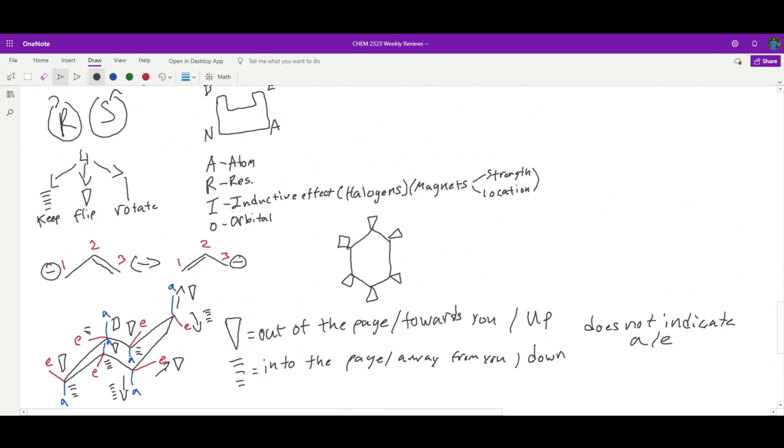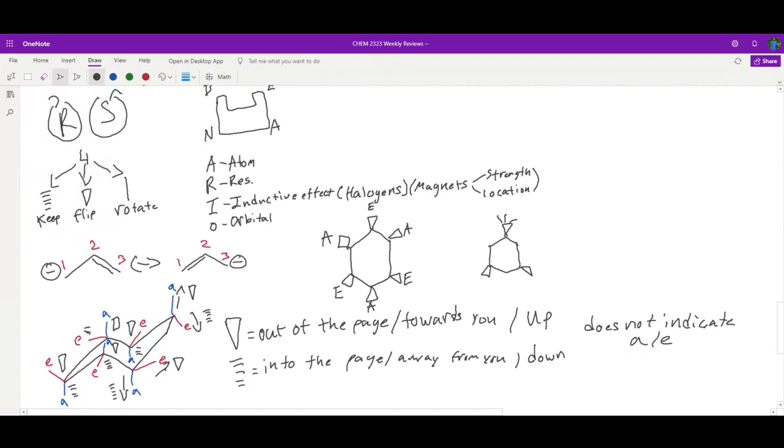So if they're all wedges, this is just a template. My position is going to alternate.